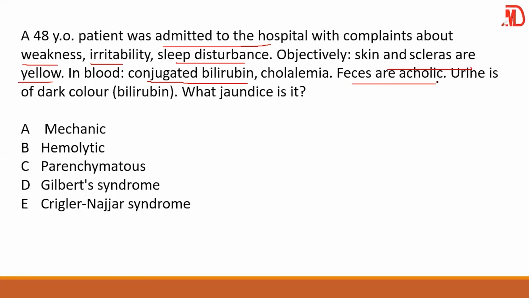We have hepatic jaundice, and we have obstructive or post-hepatic jaundice. So this is referring to the obstructive type, also known as mechanical jaundice. So here you are thinking of mechanical.